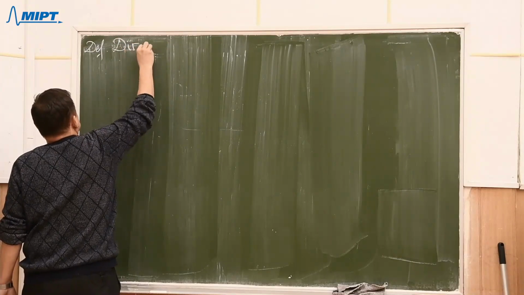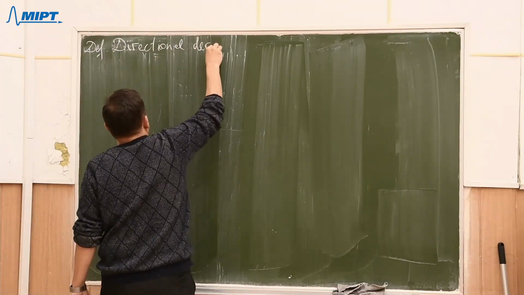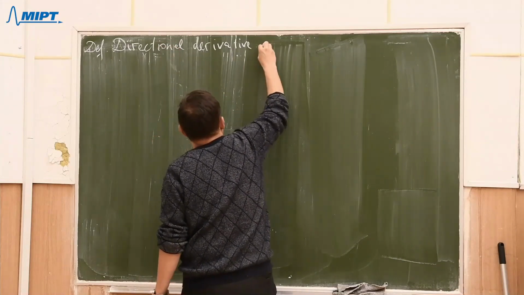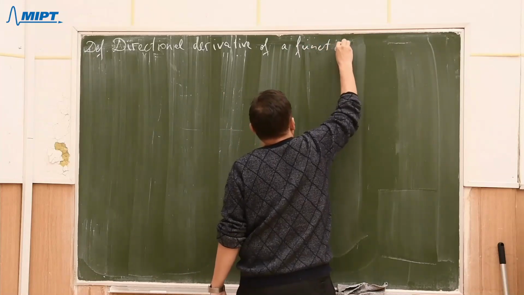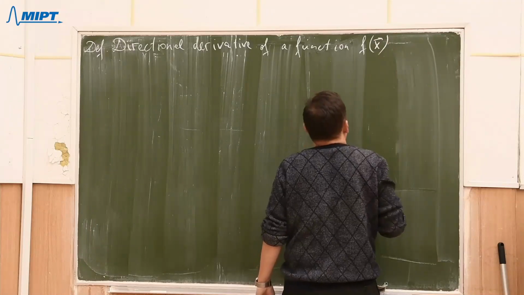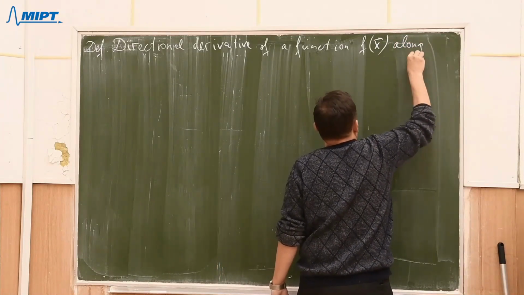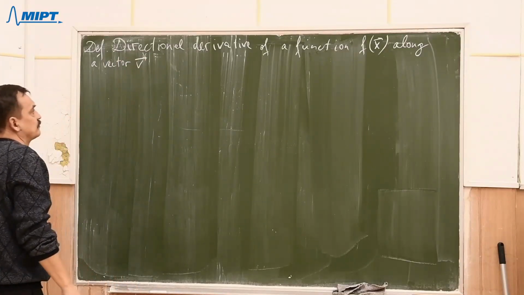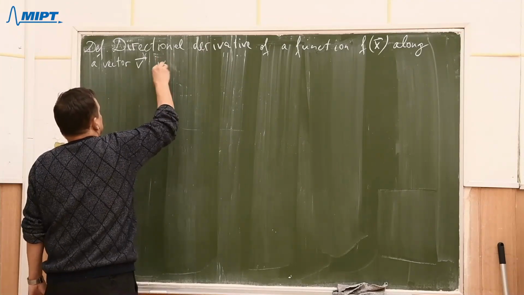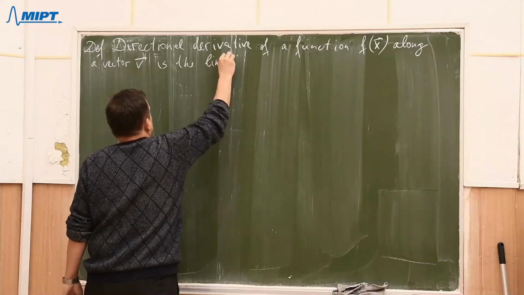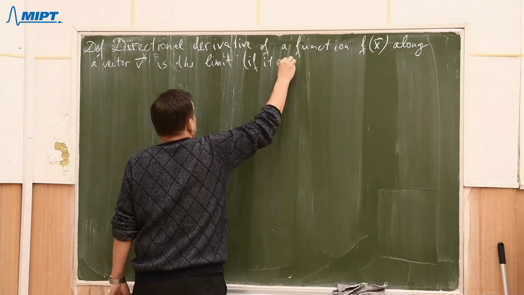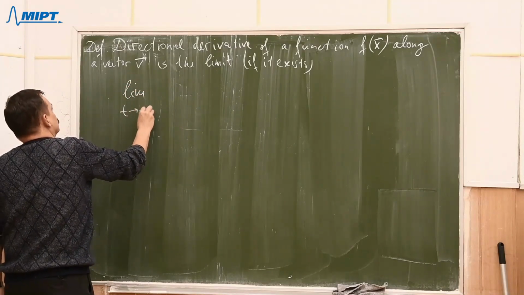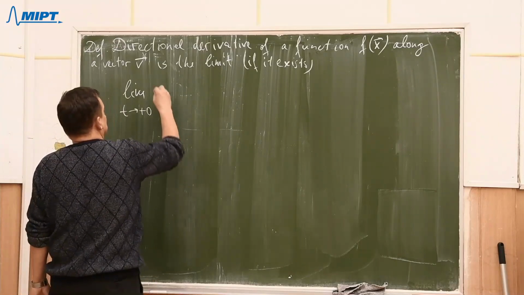So the directional derivative of a function f of x along a vector v is the limit, if it exists, of course, the following limit as t tends to plus 0, that is a one-sided limit, of the following difference.